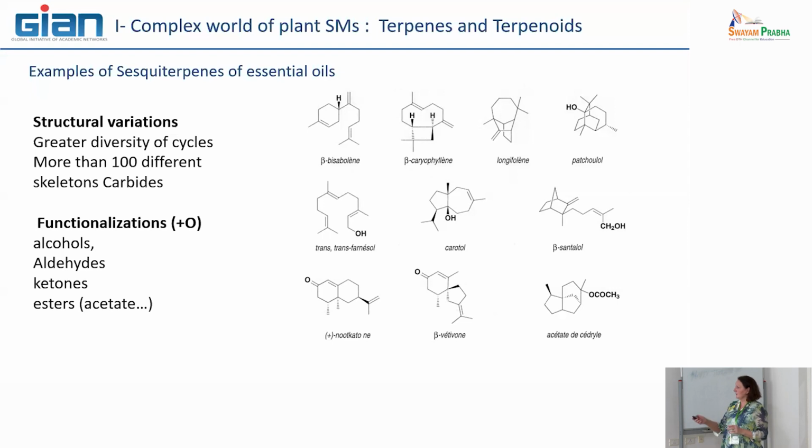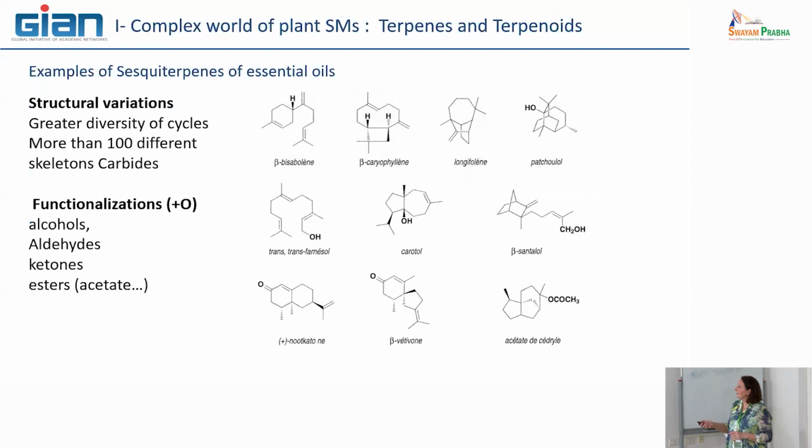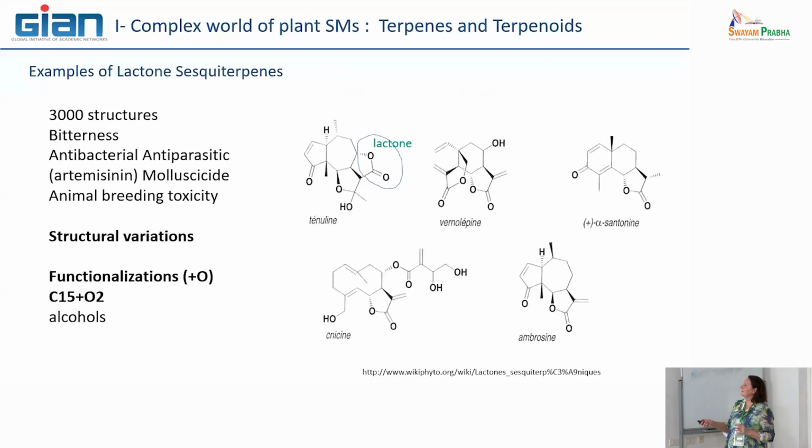This is another type, okay, I go fast. One of the very important types is what we call lactone sesquiterpenes. The lactone is a particular structure with two oxygens, and these compounds have very important antibacterial and antiparasitic activities.